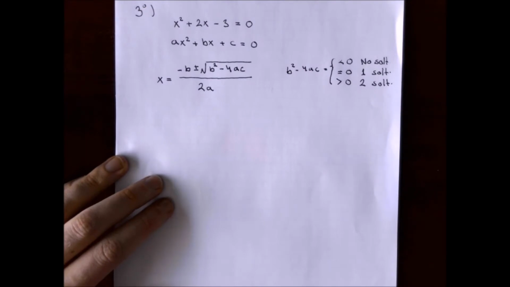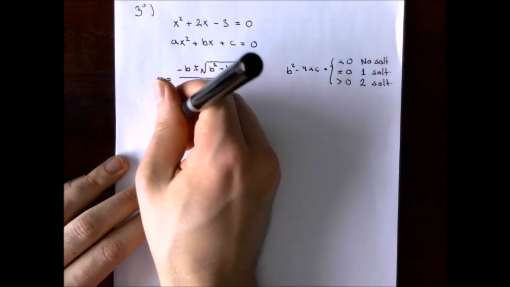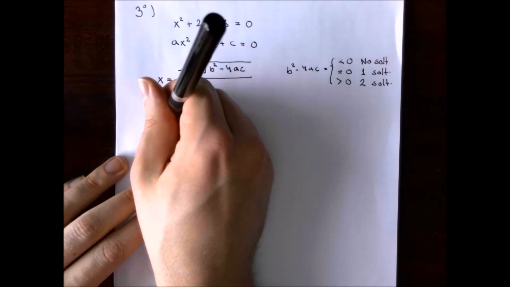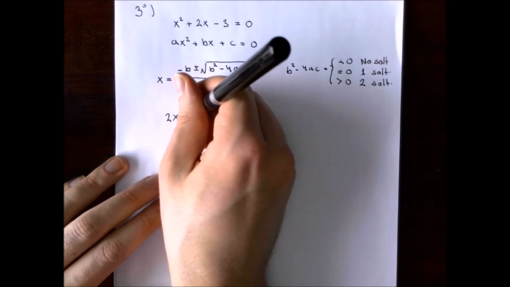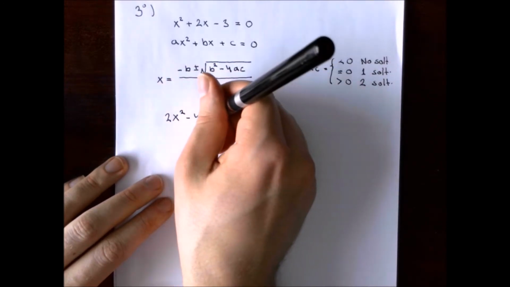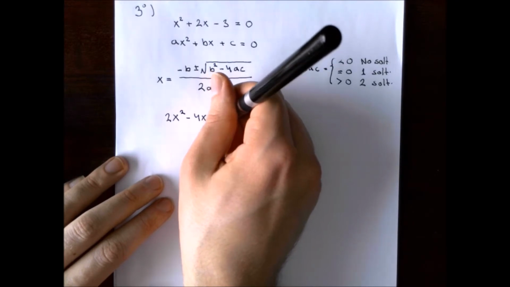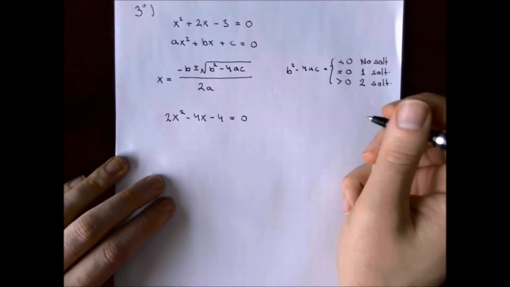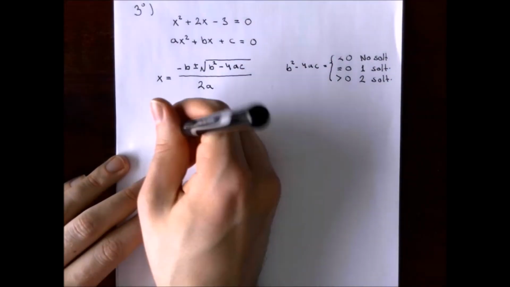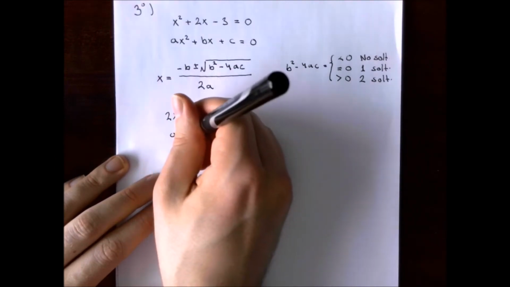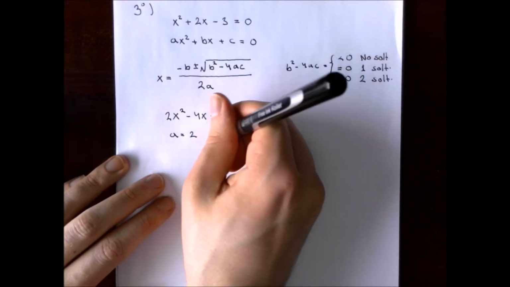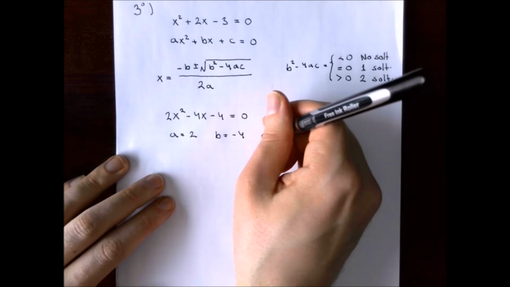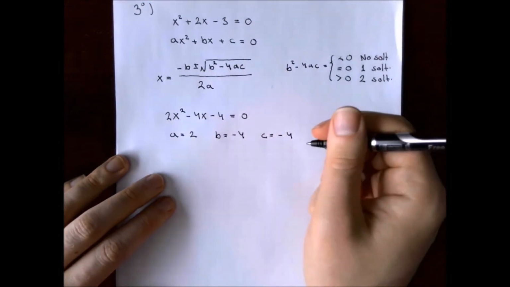An example of using the formula, we could take the equation 2x squared minus 4x minus 4 is 0. So here we would have a equals 2, b equal to minus 4, and c equal to minus 4.